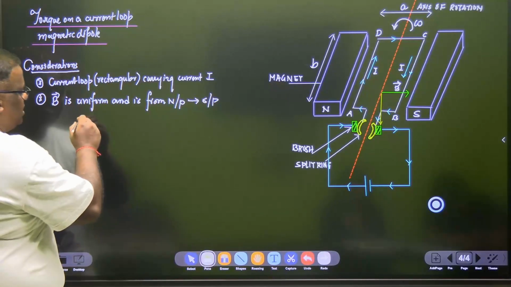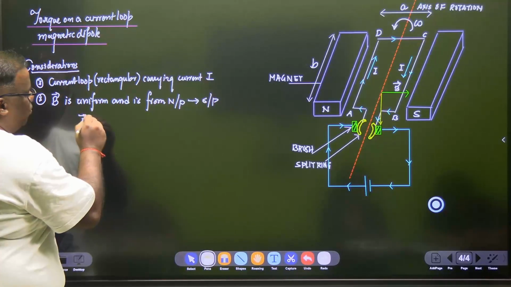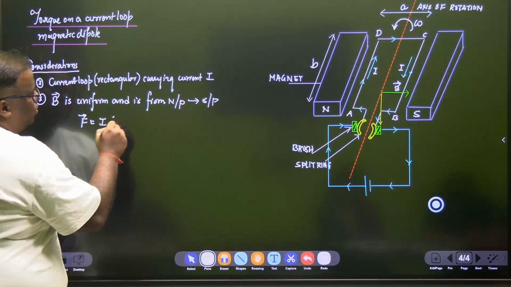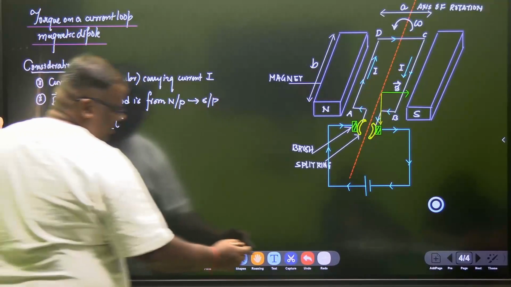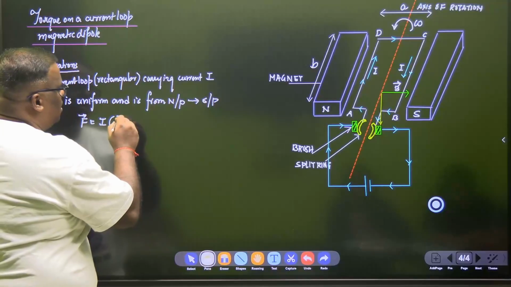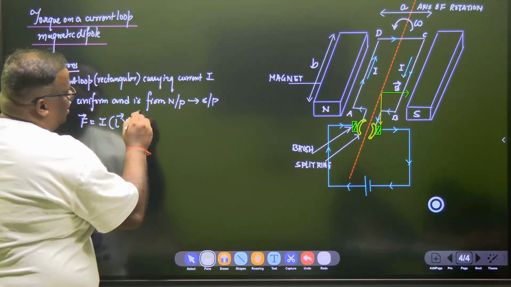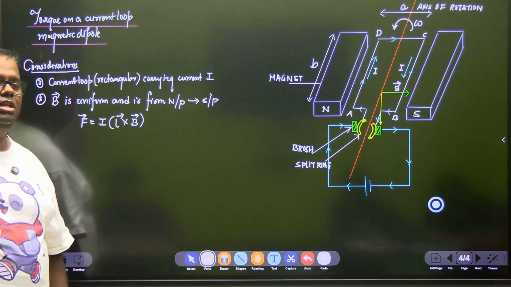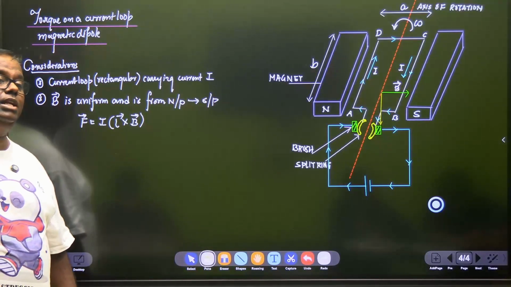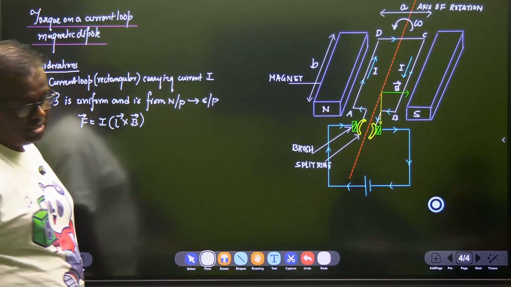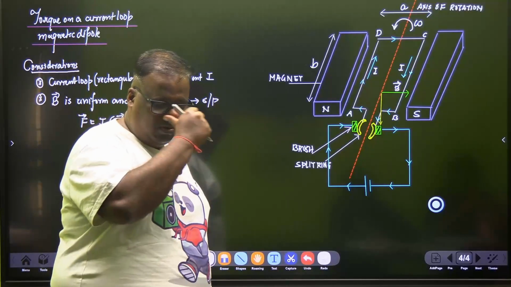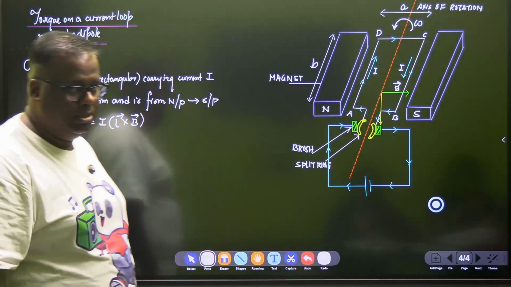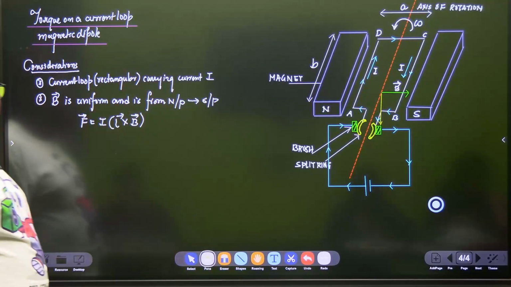In such a case, the force experienced is F equal to I into L vector cross B vector. Get your facts correct. What is I? I is the current on the conductor. L is the length of the current element. And B is the magnetic field. This is our concept, right?